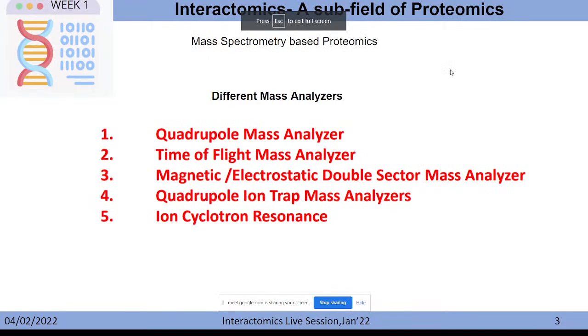Going forward, you just need to have a basic idea of the different mass analyzers.